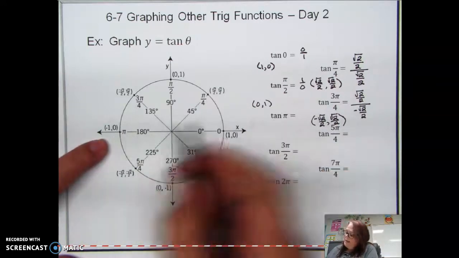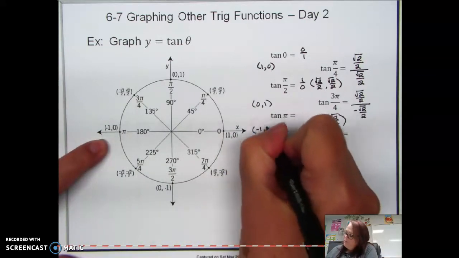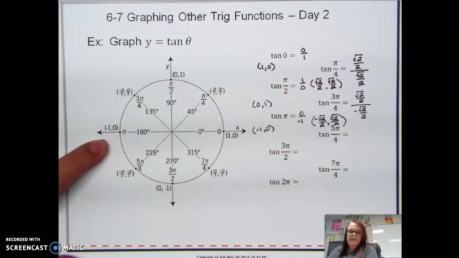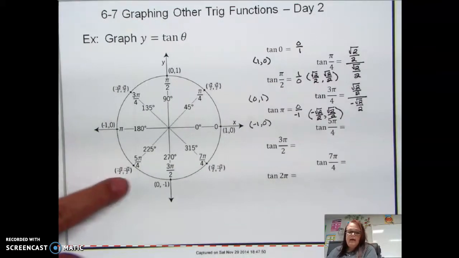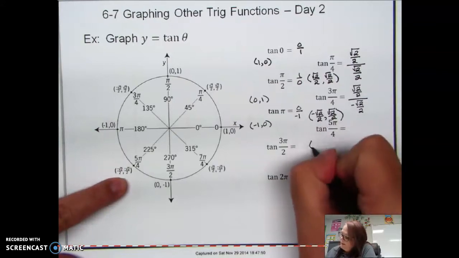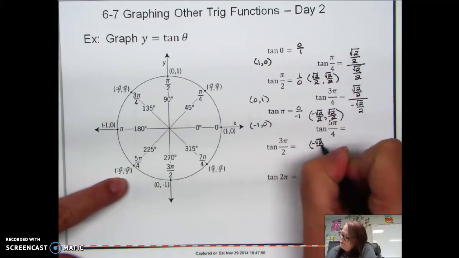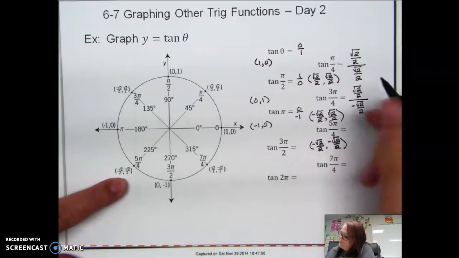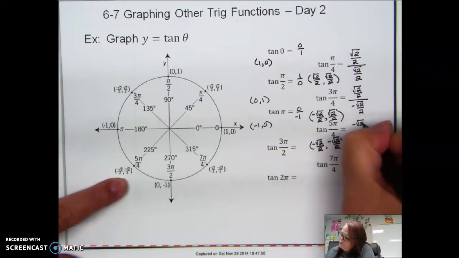Over here at pi, that's the point at negative 1, 0. So my y value is 0 and my x value is negative 1. At 5 pi over 4, my point is at negative root 2 over 2, comma negative root 2 over 2. And so the tangent is going to be negative root 2 over 2 divided by negative root 2 over 2.